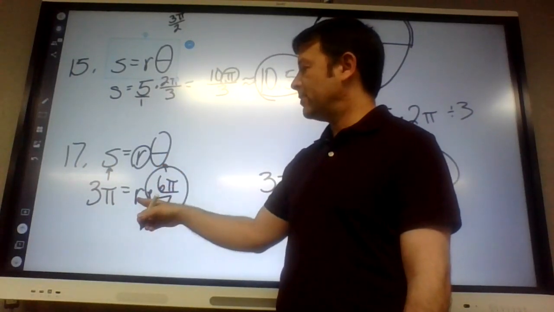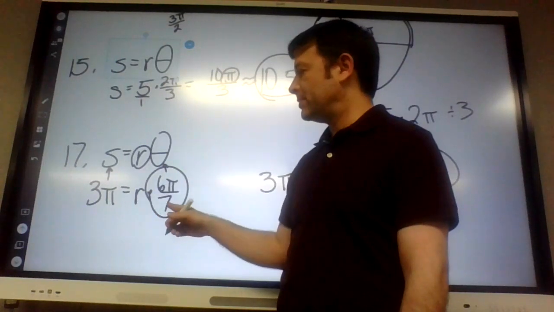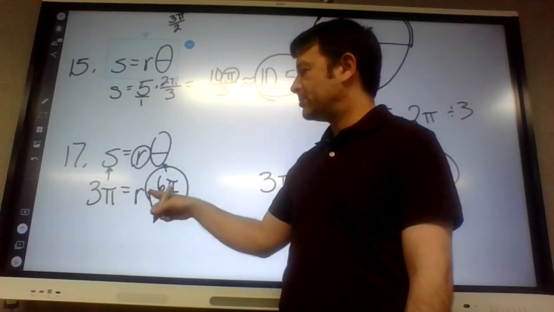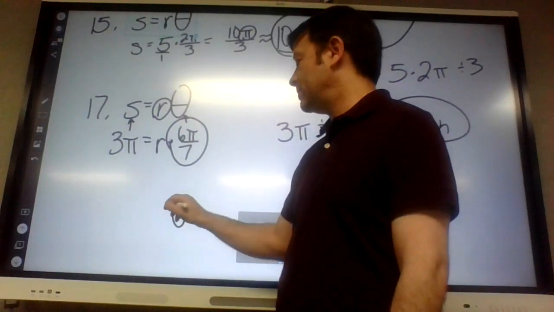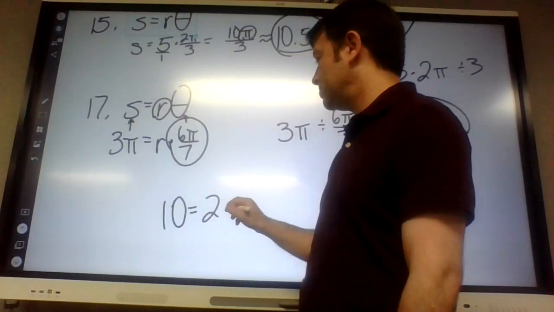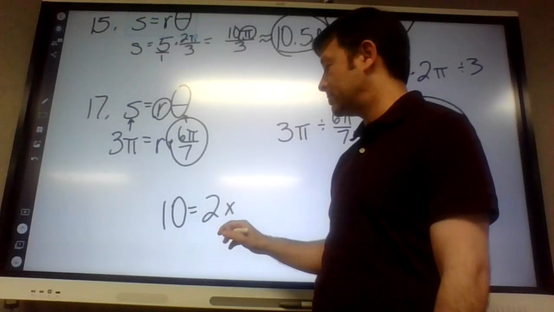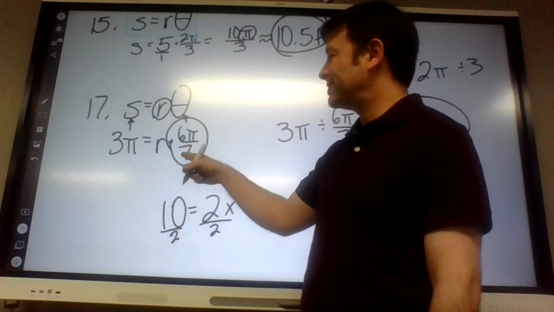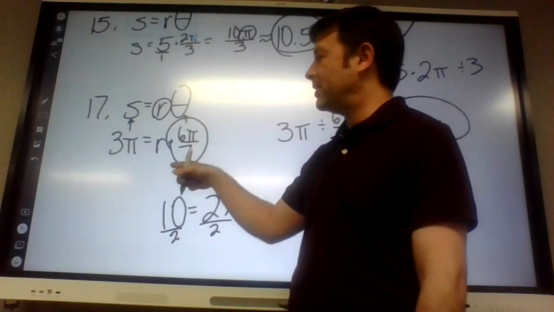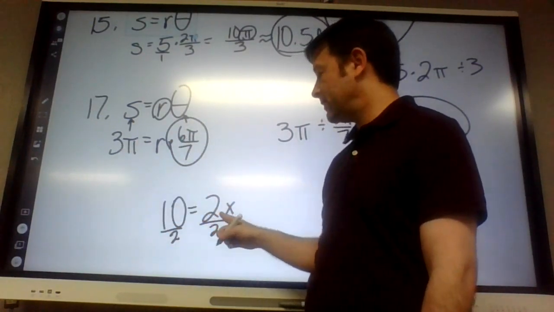So to solve for R, we have to get rid of this theta value that's multiplied. And it's multiplied to R, so you have to divide it. It's kind of like if you have 10 equals 5 times X, how do you solve that for X? You divide by 5. So since this is multiplied to R, we had to divide it, just like you divide on this one.